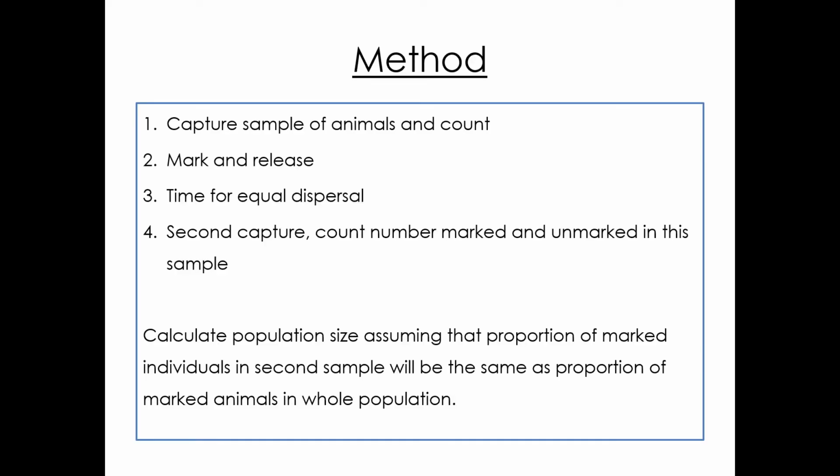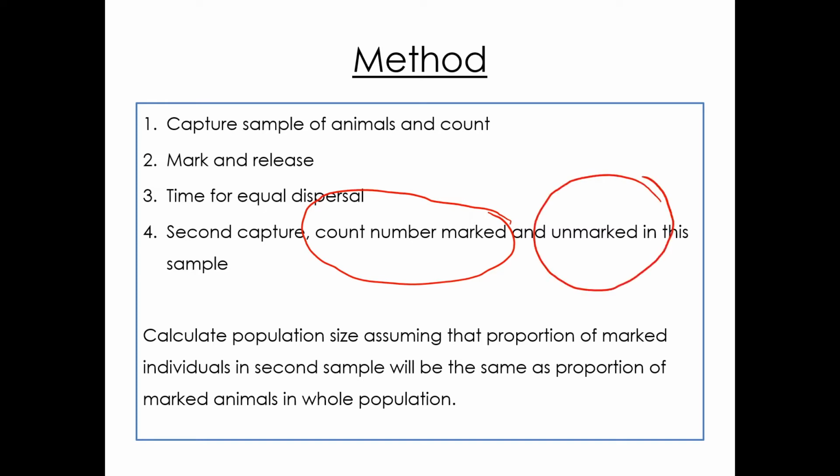Okay, and so our fourth mark point in the method is what we do with our second capture. We take another sample from that same population. And this time we've two counts that we need to make. We've got to count the number of marked individuals in that second sample and the number of unmarked.